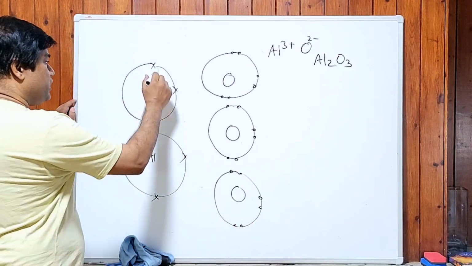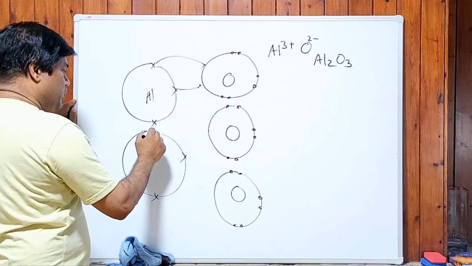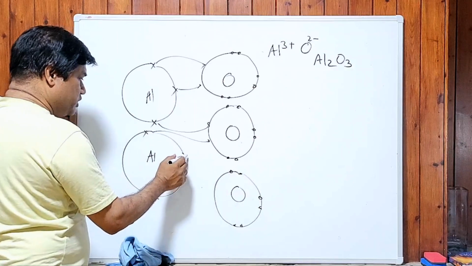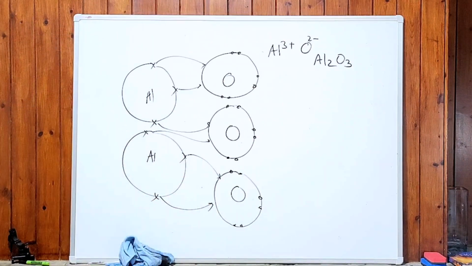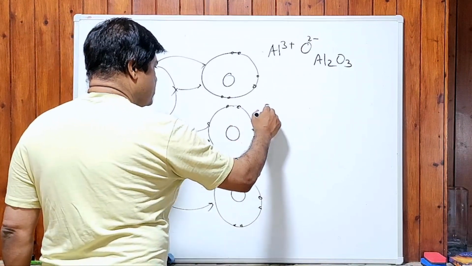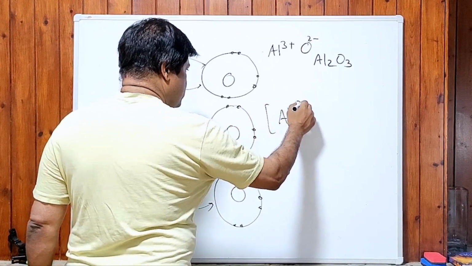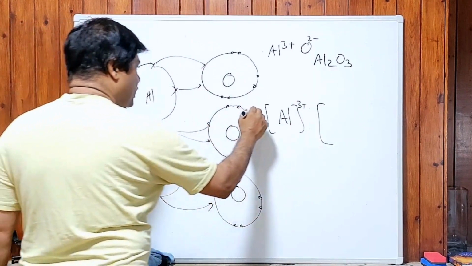Now each oxygen gains 2 electrons. Now aluminum becomes Al3 plus. We have 2 aluminum.